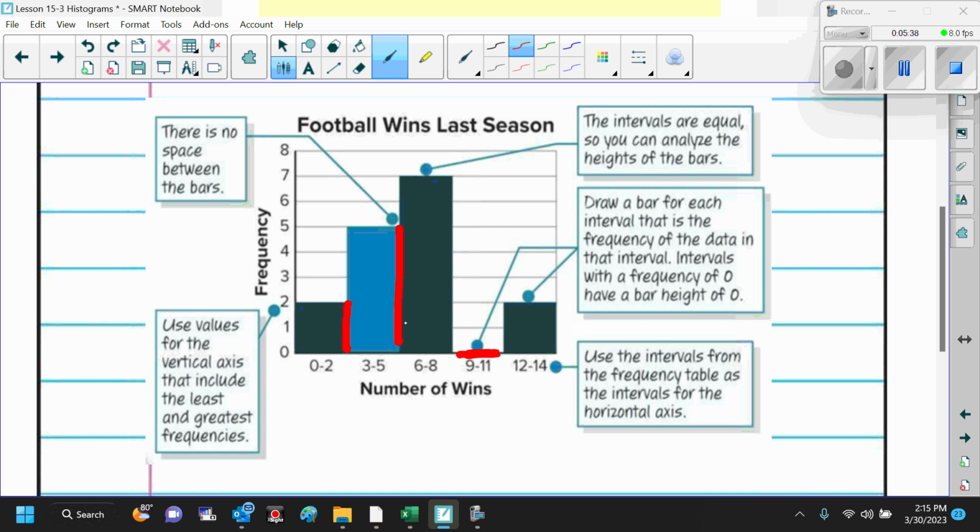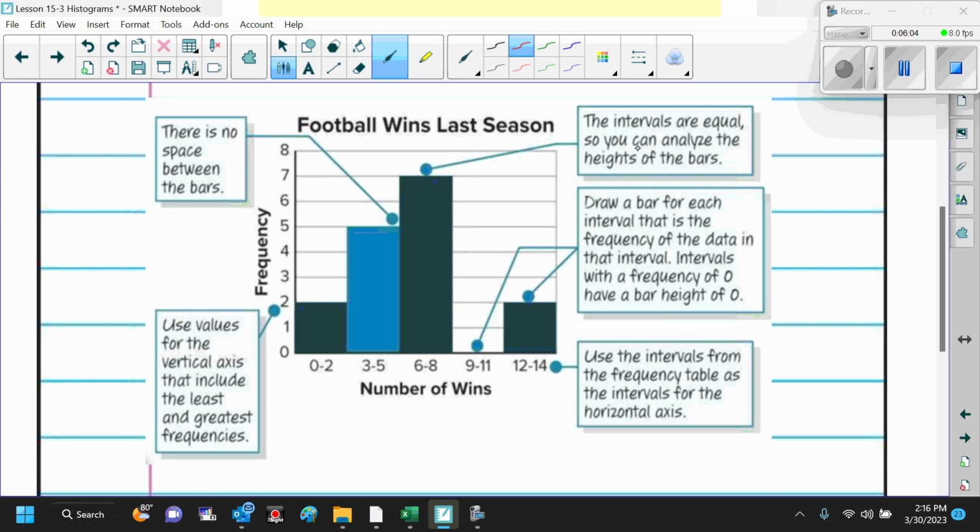But between the bars that are right next to each other, there are no spaces between those bars, okay? Now, here we also want to use the values for the vertical axis that include the least and the greatest frequencies. So you want to always include the least and the greatest frequencies, okay?